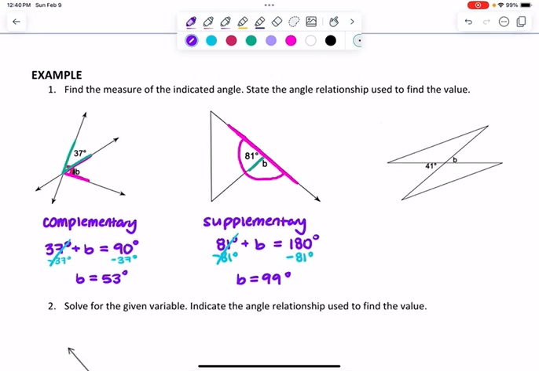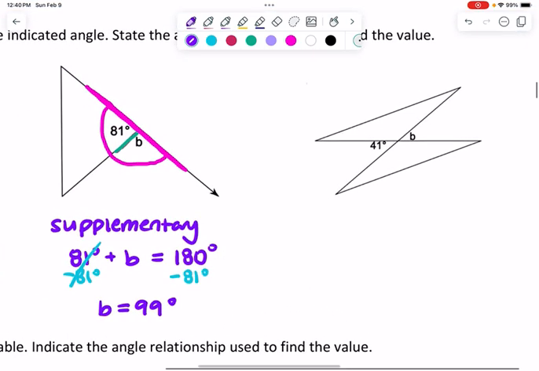Okay, last but not least, I'm talking about angle B here. And I'm talking about the 41 degrees there. Now, I know that they are not complementary. There's no indication that there's a 90-degree angle anywhere. They are also not supplementary because them together do not total or add to make that straight line, right?